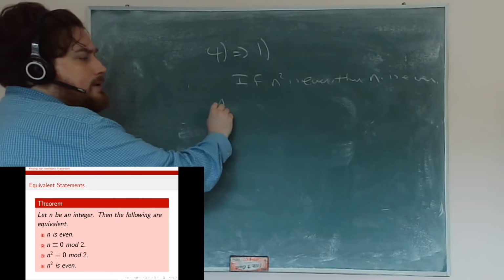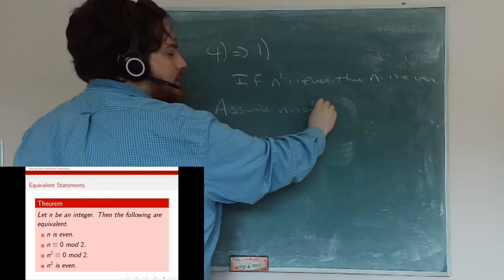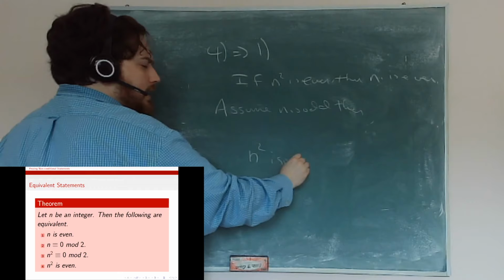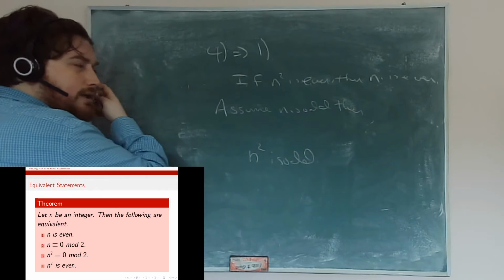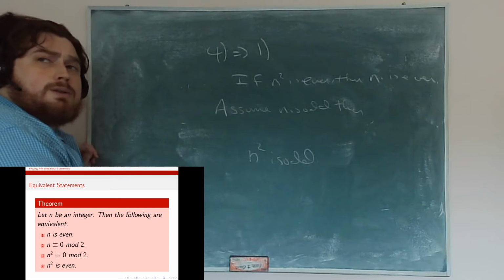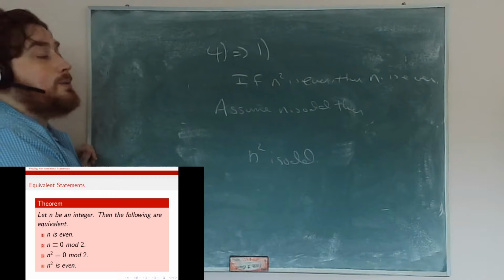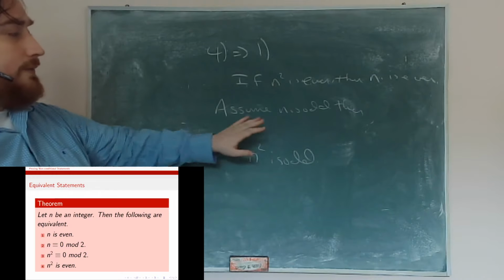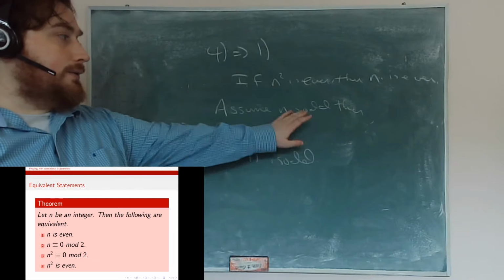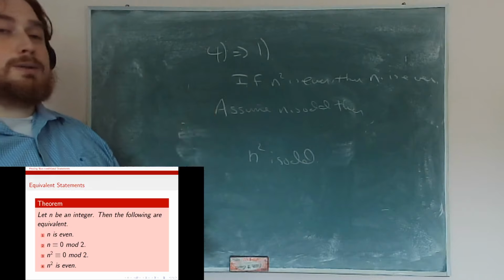So what I would do is assume n is odd, then n squared is odd. As opposed to going through this proof again, we just talked about this one in the previous slide. We knew that n is odd if and only if n squared is odd. So if n is odd, then n squared is odd is true. So we get 4 implies 1.